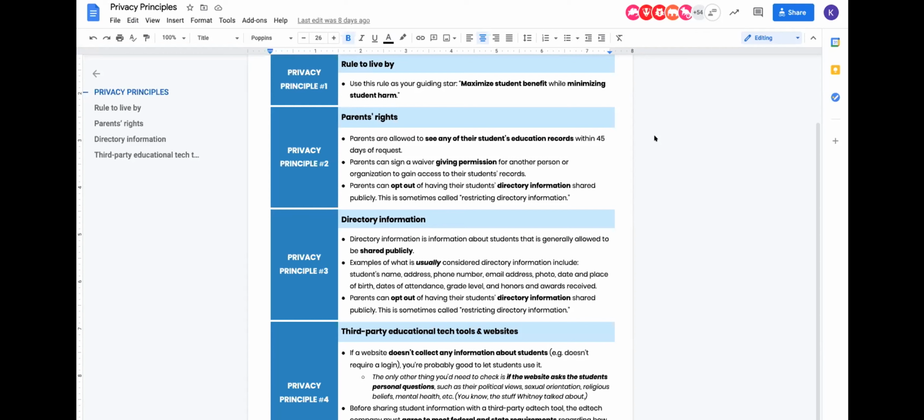I've seen some LEAs that have it as soon as the first day of school, where they say, you have to let us know in writing by then, or we can't guarantee that we can honor any directory information opt-out requests. With that said, I have seen other LEAs that have a policy that they will accept requests at any time in the year in writing.